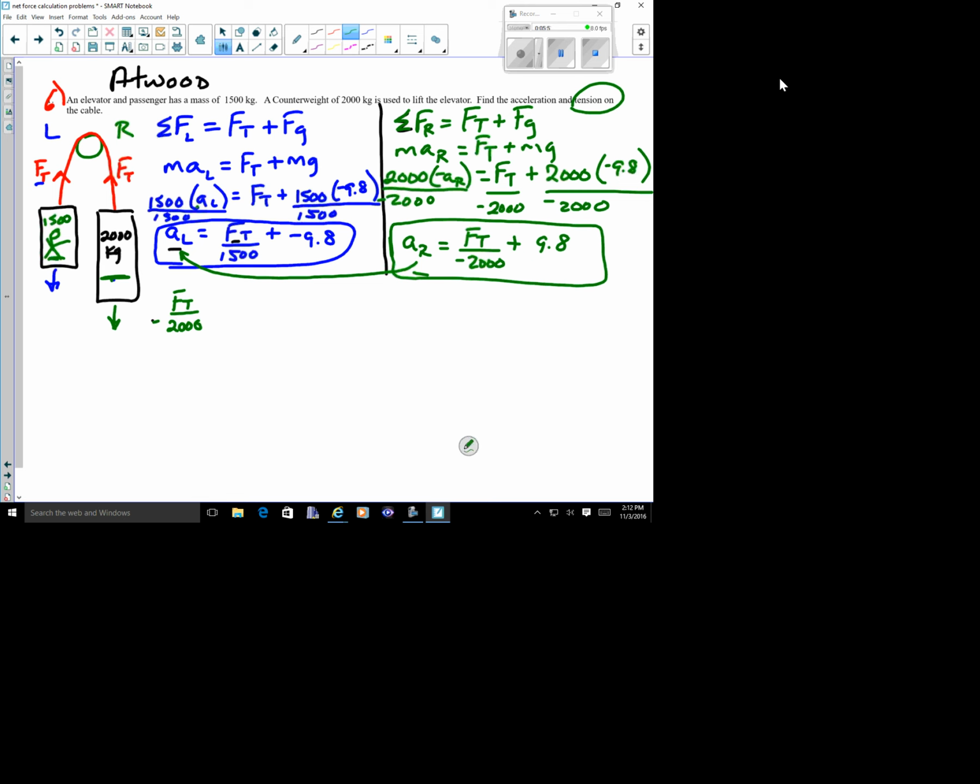That's a negative 2,000. Plus 9.8 has to equal, now I'm going to bring down this stuff on the left-hand side over here, Ft divided by 1,500 minus 9.8. Let's get all the Fts on one side and all the 9.8s on the other.